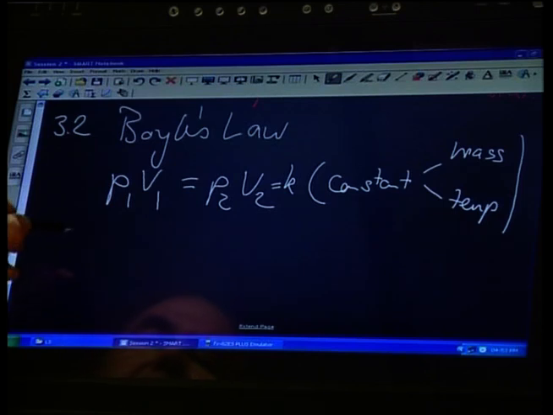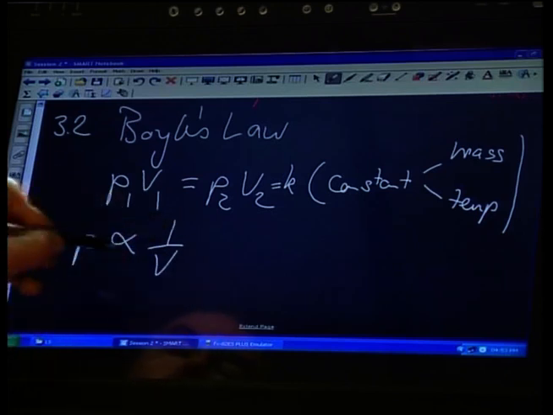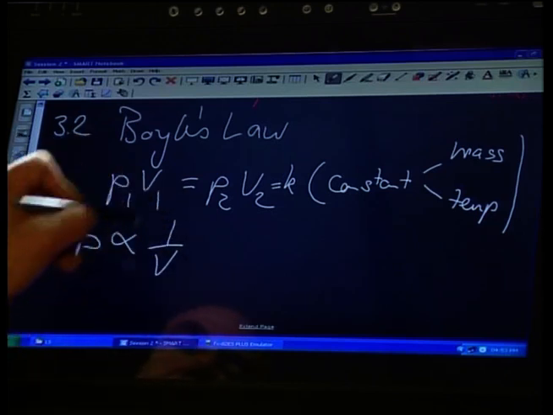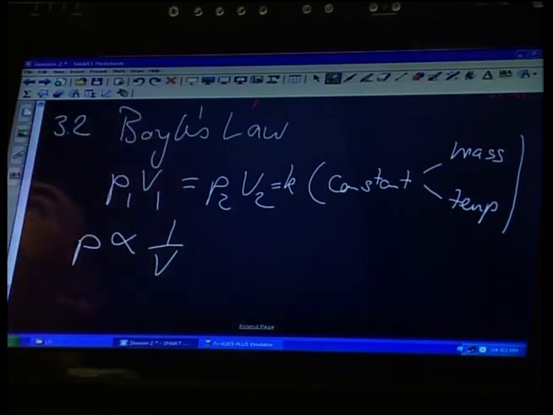The other way of saying it is that the pressure is inversely proportional to volume, or the pressure is directly proportional to the reciprocal of volume, 1 over volume. All of those statements, when you take into consideration the constant factors, mass and temperature, would give you marks for the statement of Boyle's law.